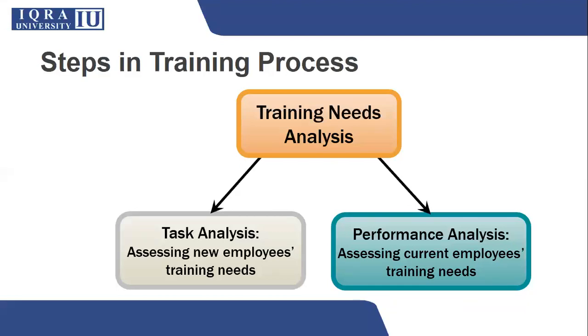For example, performance may be down because the standards are not clear or because the person is not motivated. Managers use task analysis to identify new employees' training needs and performance analysis to identify current employees' training needs.